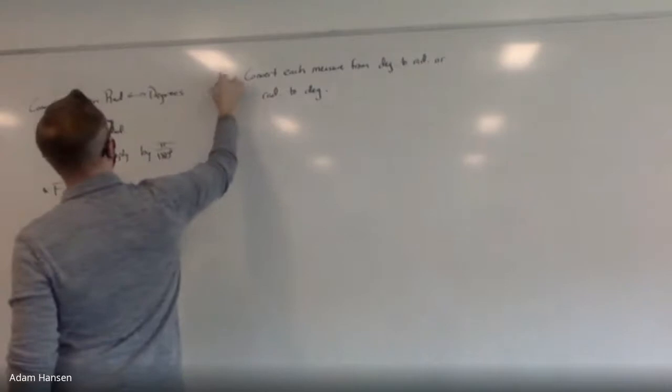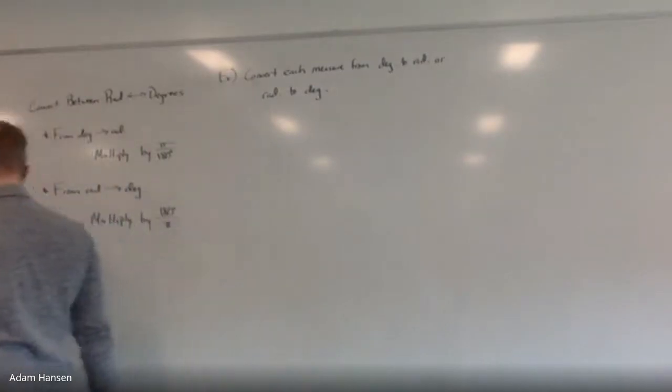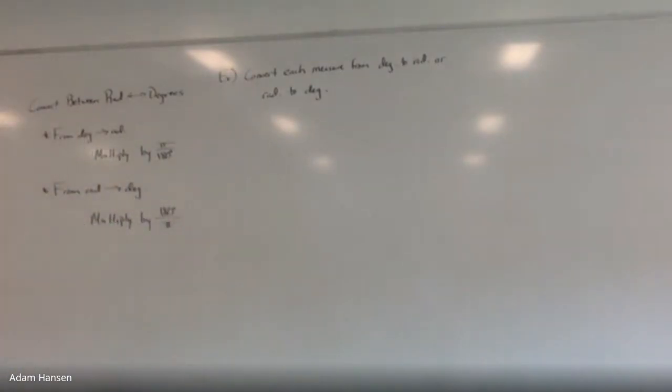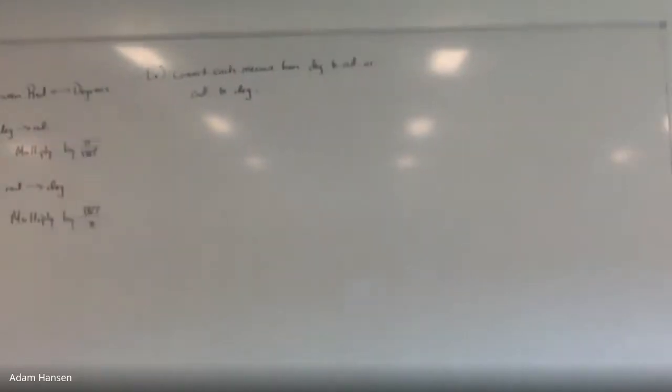So for a quick example here, convert each measure from degrees to radians, or if it's in radians, convert it back to degrees. DEG is short for degrees, and RAD is the abbreviation for radians.